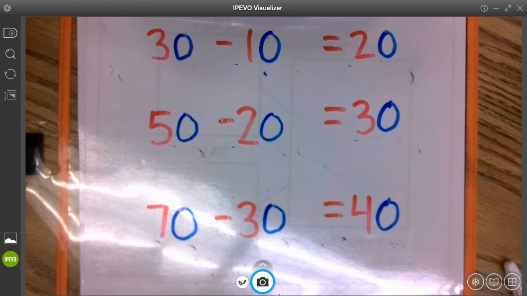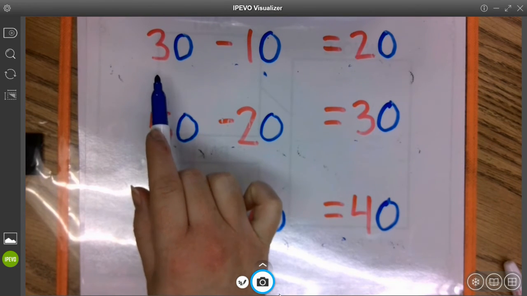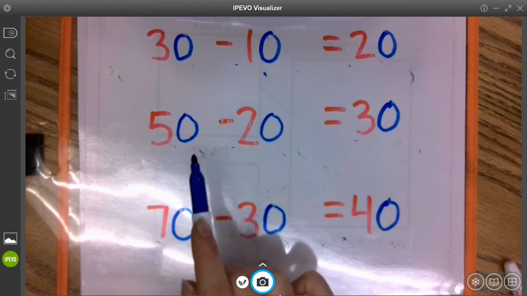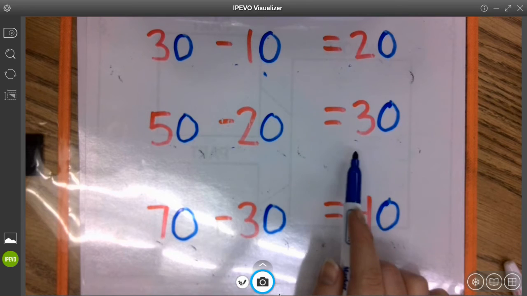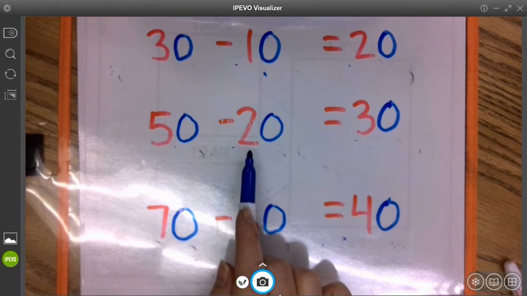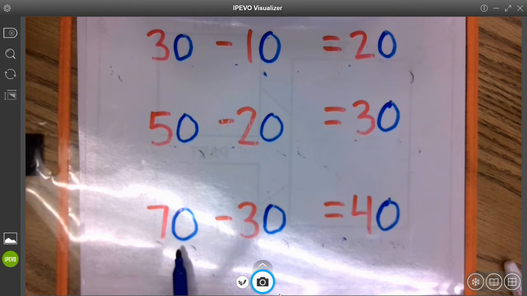Even when I turned it into 30, 10, and 20, we can still see 3 minus 1 equals 2. 50 minus 20 equals 30. We can still see 5 minus 2 equals 3. 70 minus 30 equals 40, but we can still see 7 minus 3 equals 4. The pattern is still there.